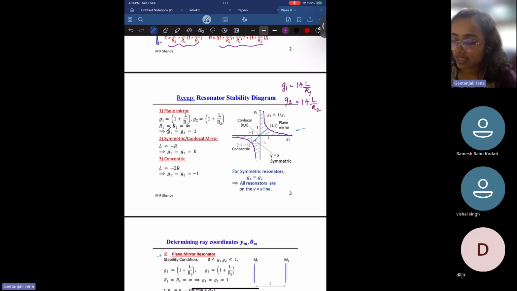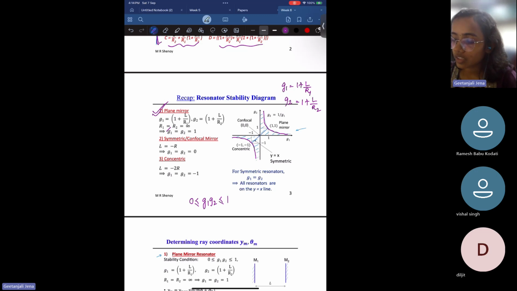So we have seen three cases. One is where both mirrors are plane mirrors. When we have a plane mirror resonator, both R1 and R2 are infinity. So for that case, both G1 and G2 values are 1. The stability condition that we got in the end is 0 less than or equal to G1 G2, less than or equal to 1.